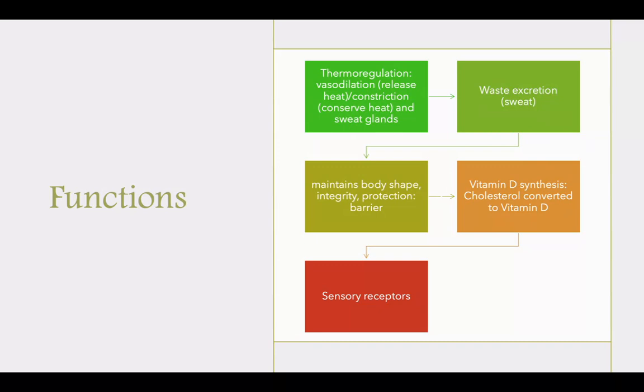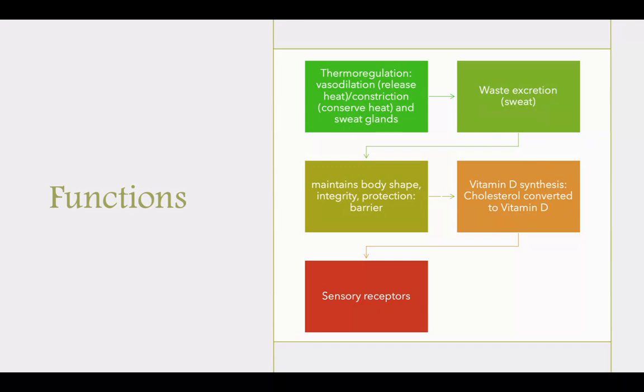Okay. Also, an incredibly important function of the skin is vitamin D synthesis, so the creation of vitamin D. And this is done in multiple steps, but it starts in the skin. There is a compound similar to cholesterol, and once it interacts with UV rays, which we all interact with by just going outside, it basically enacts this entire process.